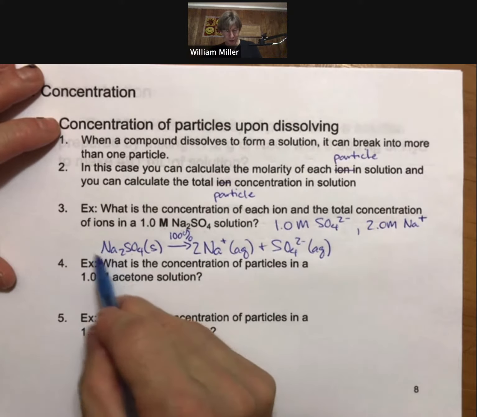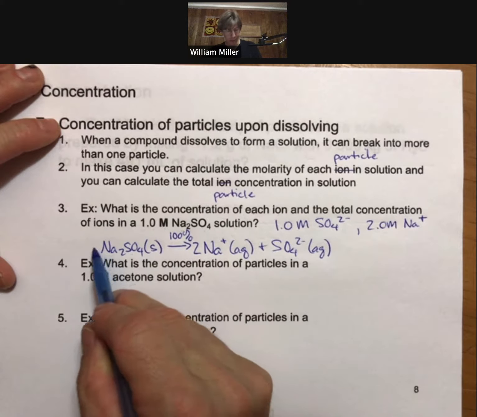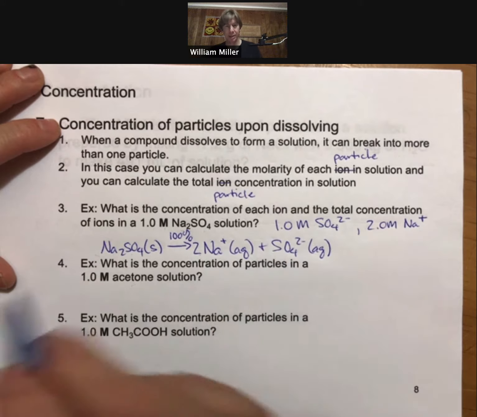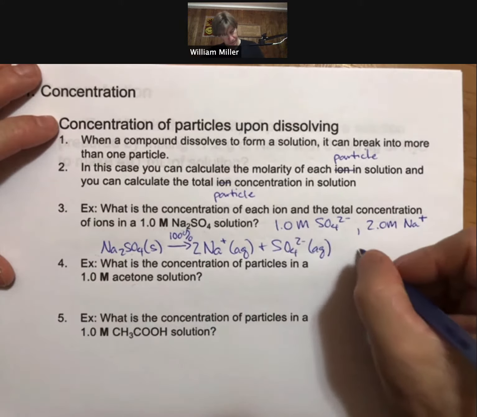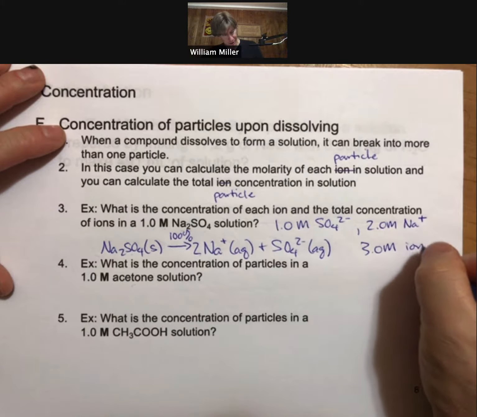So start with 1 molar, or 1 mole per liter, and end with 1, 2, 3 moles, or 3.0 molar ion concentration.